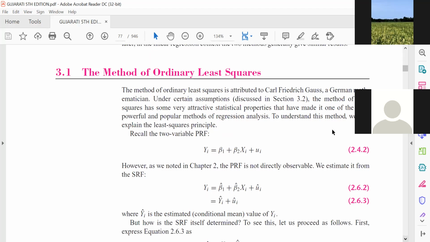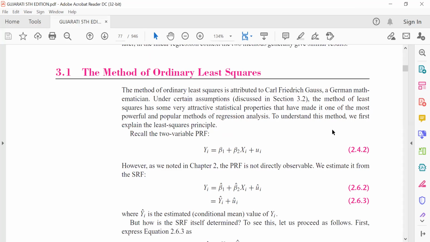This is our regression model, equation 2.4.2, and we get the estimated result of parameters beta 1 hat and beta 2 hat here in equation 2.6.2.